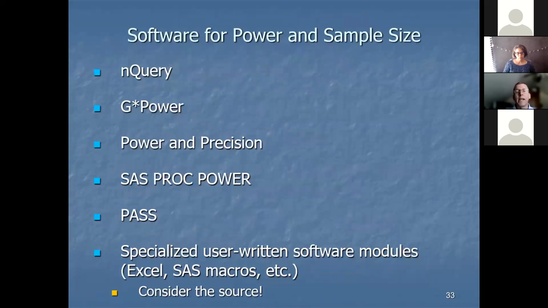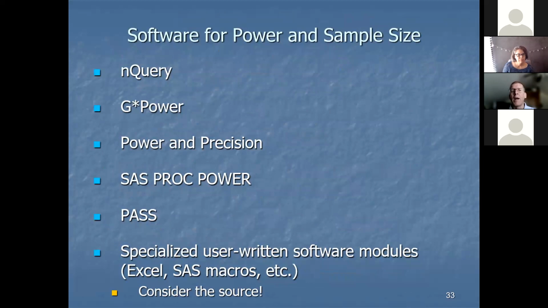All right, last thing I want to cover here is just to mention, I do not typically go around and do those sample size formulas on my napkin at lunch, although you might think of statisticians as enjoying that. We have nice software that will do these kinds of things for us, and you can see some of those listed here. I'm going to focus on the first one, which is nQuery.